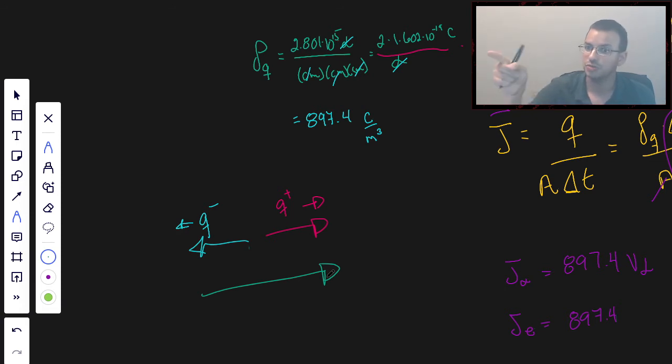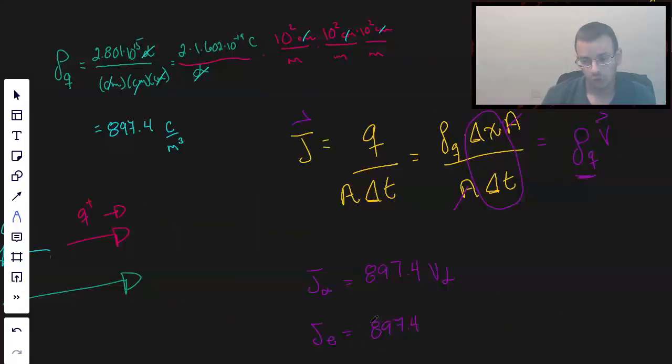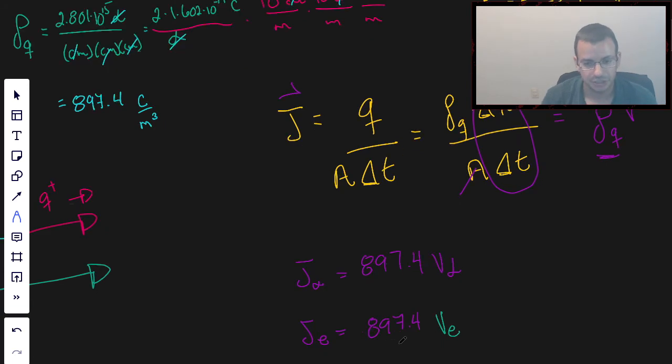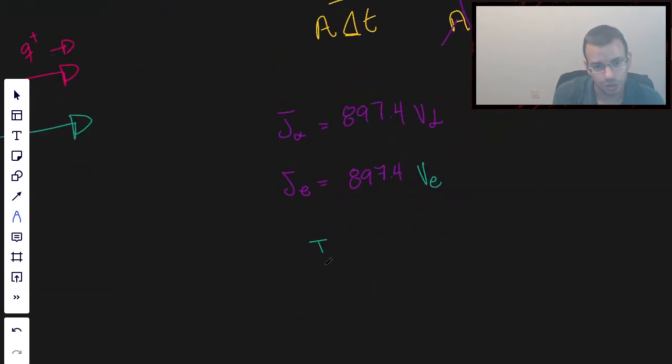A positive charge moving in the positive direction is the same as a negative charge moving in the negative direction. And so 897.4 coulombs per cubic meter times the velocity of the electrons. And so the total current density, these are going to reinforce each other. So we're going to have current density from alphas plus current density from the electrons.